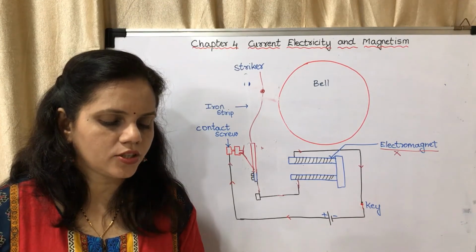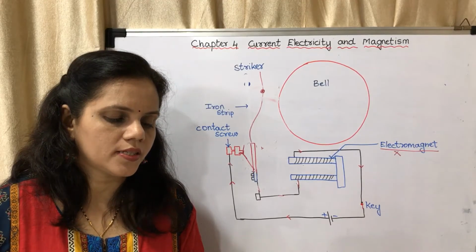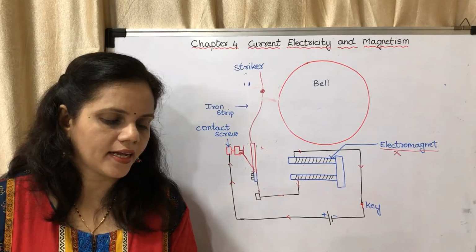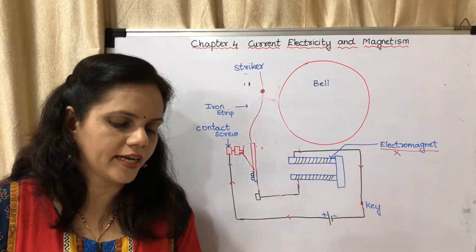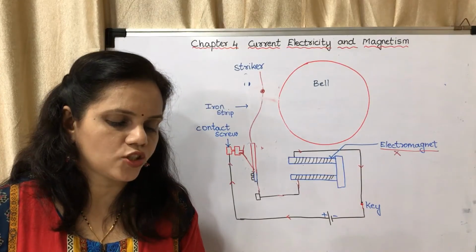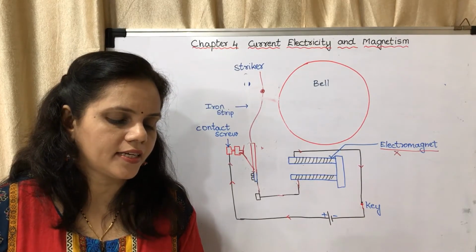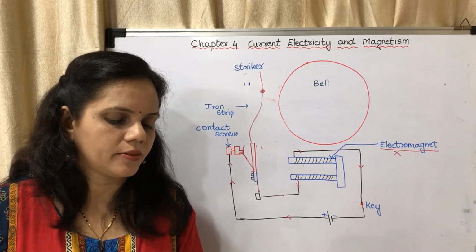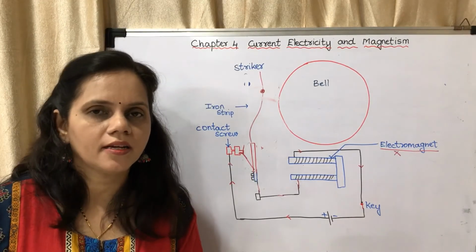So in this situation, the electromagnet loses its magnetism and the iron strip moves back and comes in contact with the contact screw. The electric current is then immediately restored and again the striker hits the gong by the above process. This action repeats itself and the bell rings.